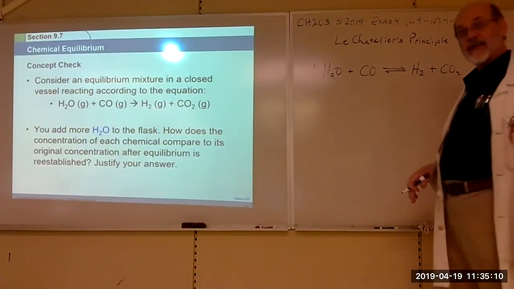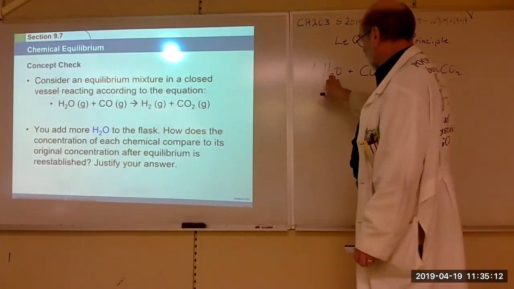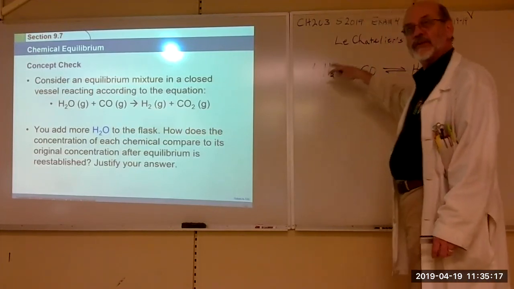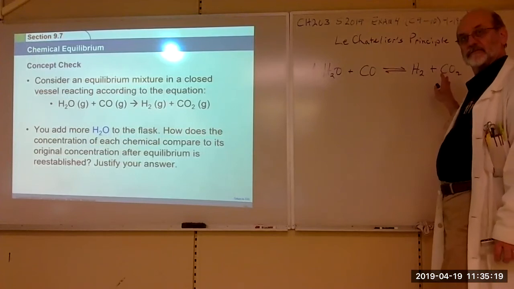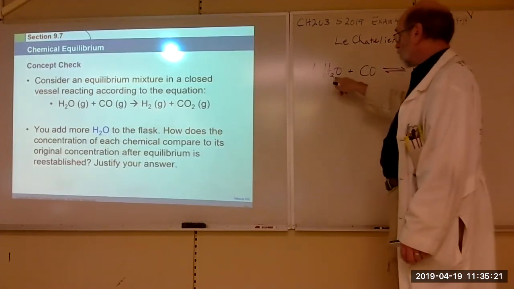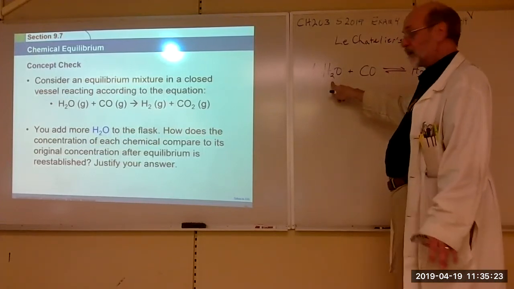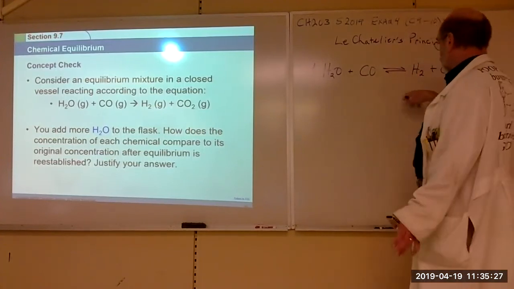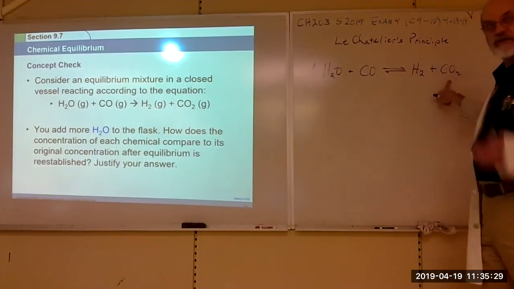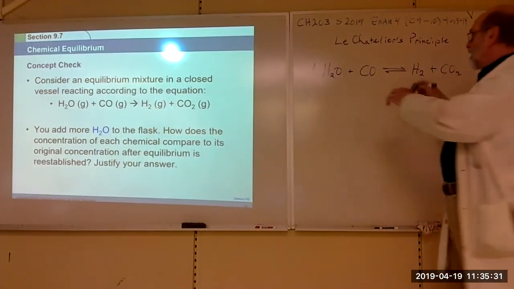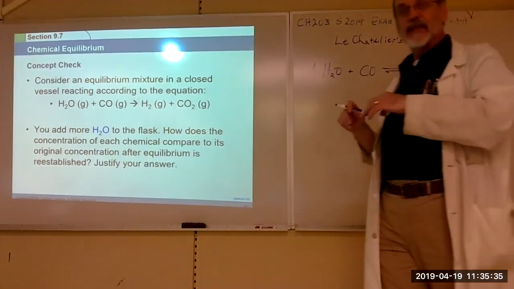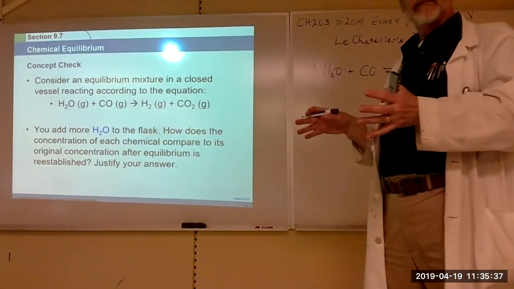According to Le Chatelier, if you add more on that side, it's going to respond to consume some of that until it reestablishes equilibrium. Right? So it's going to use up some water. Consequently, it has to use up some more carbon monoxide to produce more hydrogen and carbon dioxide until the forward and reverse rates have stabilized again at an equilibrium.